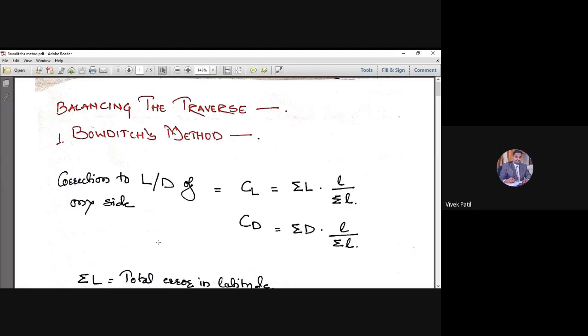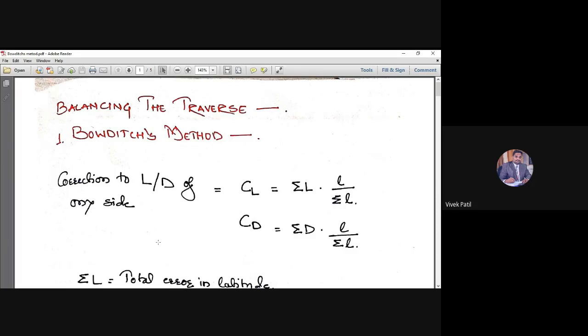Then we saw when it is given in the form of northing and easting, and when it is given in southing and westing. When it is positive, it is in northing and easting, and when it is negative, it is given in southing and westing.